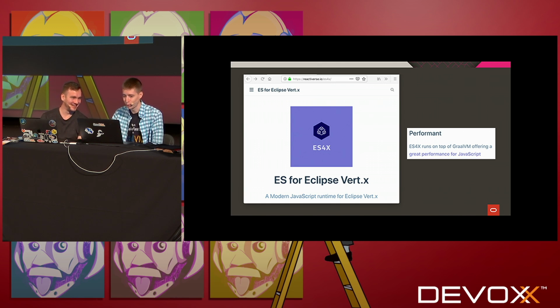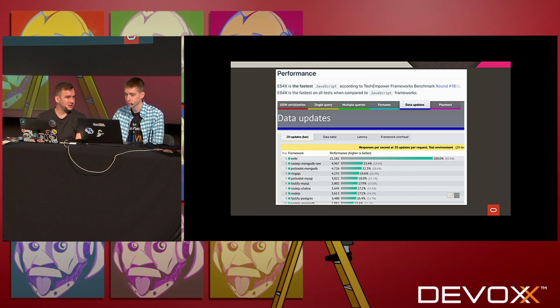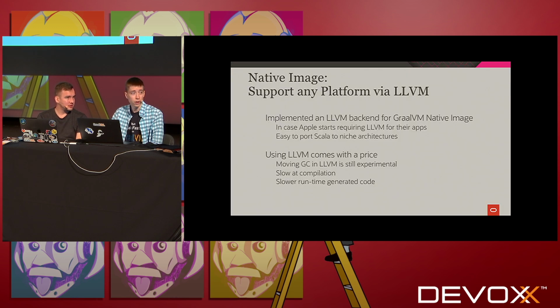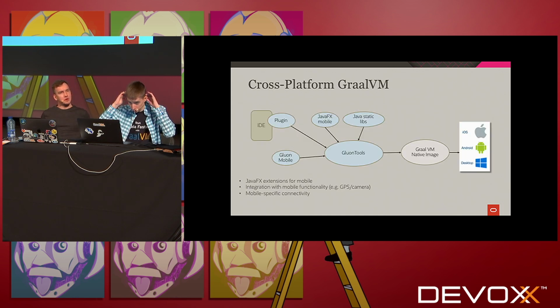Very great to work with Paulo, and he's one of the guys embedding GraalVM in the platform as well. All right, we do support other platforms via an LLVM backend for native image, and one of the companies we are working with there, and this guy is for sure here, John Voss from Gluon HQ, who are building cross-platform tools with GraalVM native image for mobile platforms, including iOS, Android, and Windows.